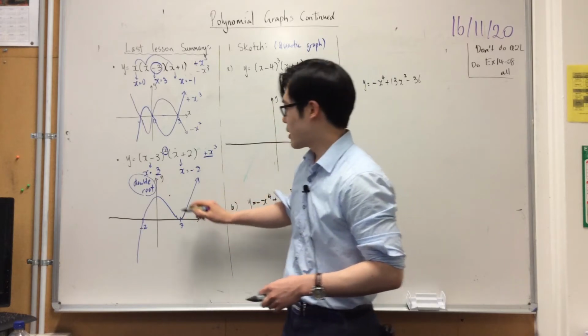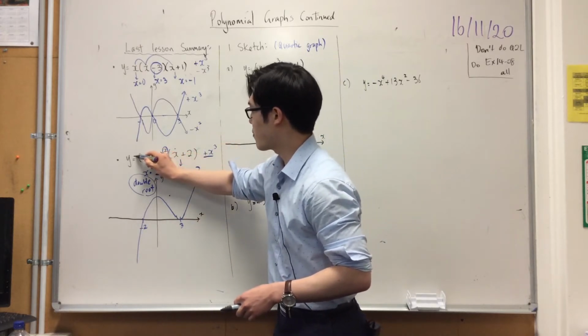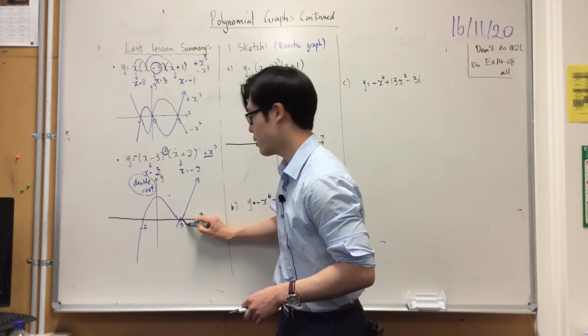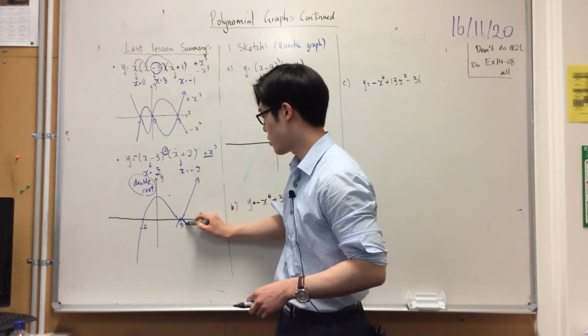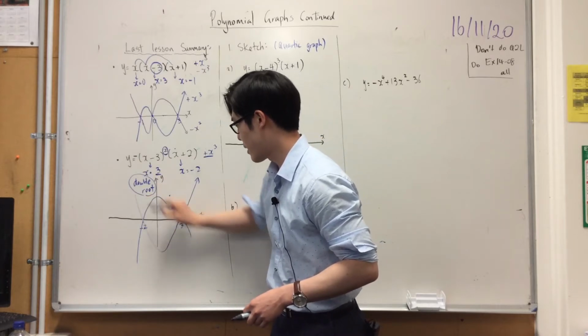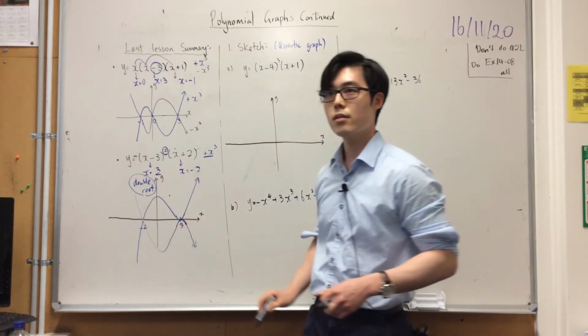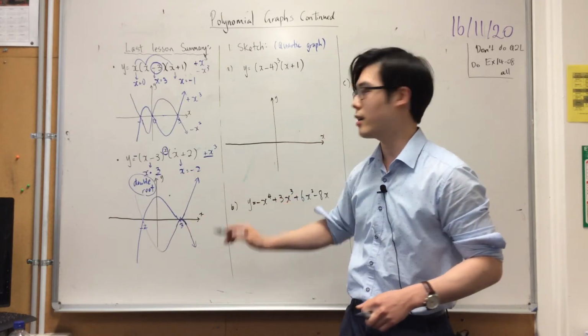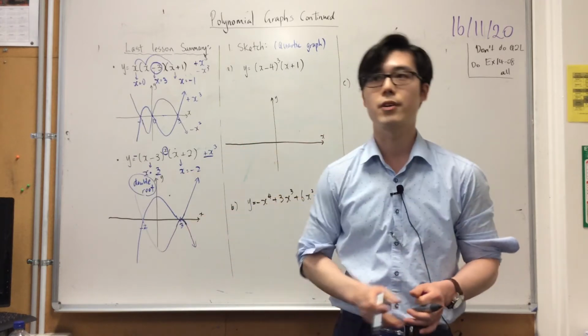If this graph had a negative in front, it would look this way. So you'll go this way, and then you would have to look like that. Can you see the difference? So when there's a double root, you have to draw a mini parabola, either concave up or down, depending on the sign in front of the x cubed.